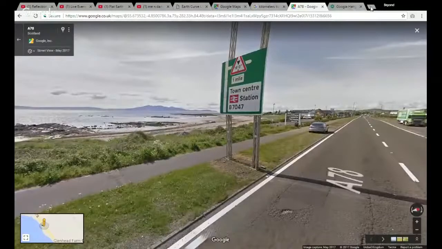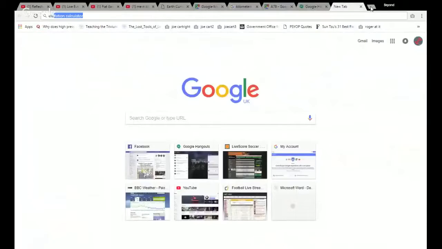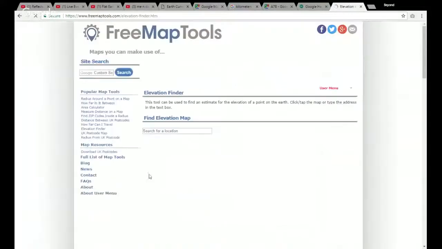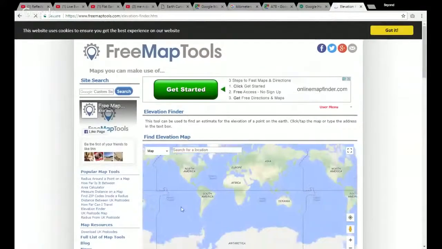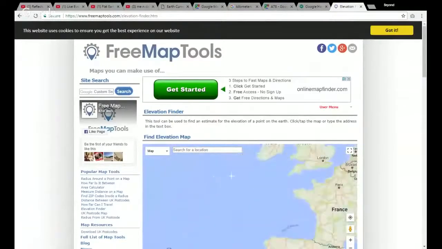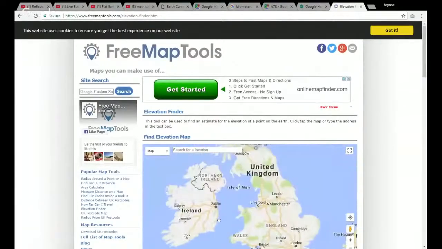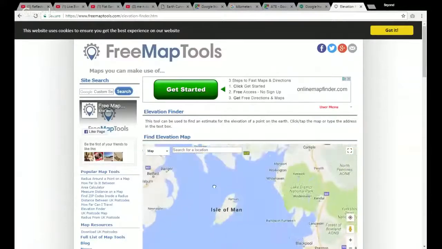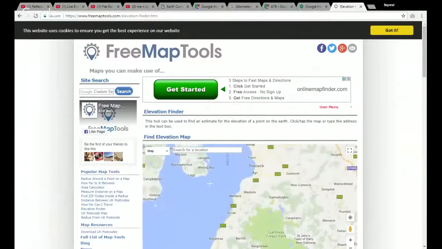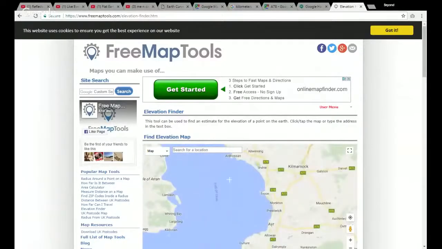I've lost my elevation finder. Such a fidgety pain in the arse, this stuff, honestly.